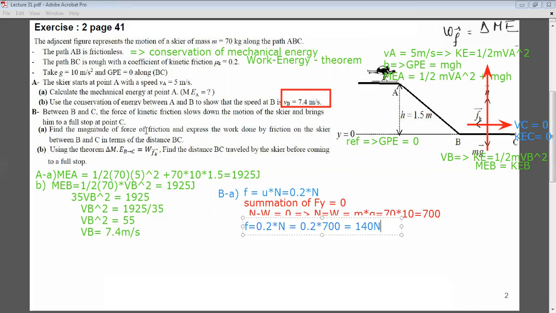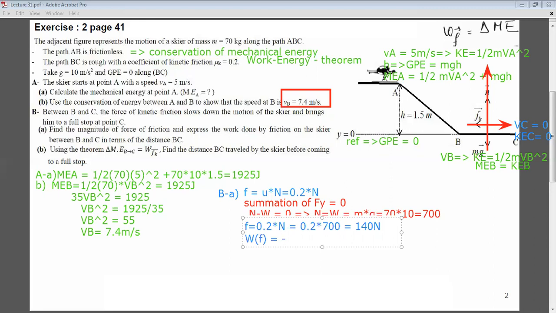Find the magnitude of friction and express the work done by friction on the sphere between B and C in terms of the distance. Okay, so here I have to remember that the work by any force, in this case the work of friction, is equal to Fx delta x, right? Now, what is Fx? X is in this direction, the x-axis is to the right, and F is in the opposite direction.